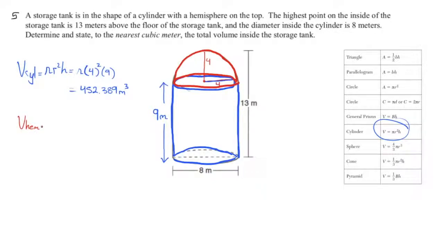So the volume of the hemisphere is generally going to be the volume of a sphere, given here by this formula, but of course we've only got a hemisphere. Half of it, so we're going to slap a big old 1/2 onto what would otherwise be 4/3 pi r cubed. Only one thing to substitute there, the radius, which we already know to be 4.